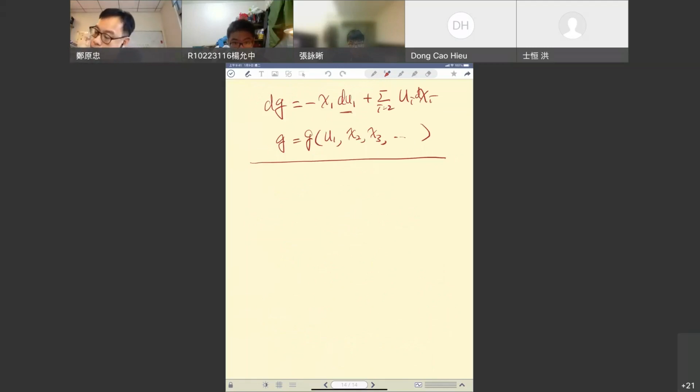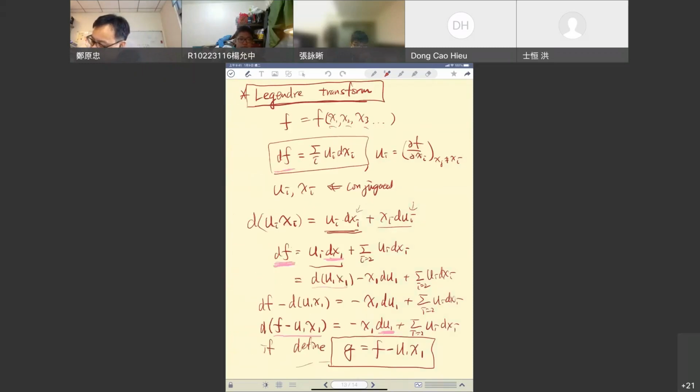Okay, here. So now we have defined energy. Energy is a natural function of S, V, N. And what we want to do here is, entropy is very difficult to measure experimentally. If we can switch this entropy to temperature, it will be much easier. Then according to this Legendre transform, what can we do? We subtract these two conjugate variables, S and T, from energy.